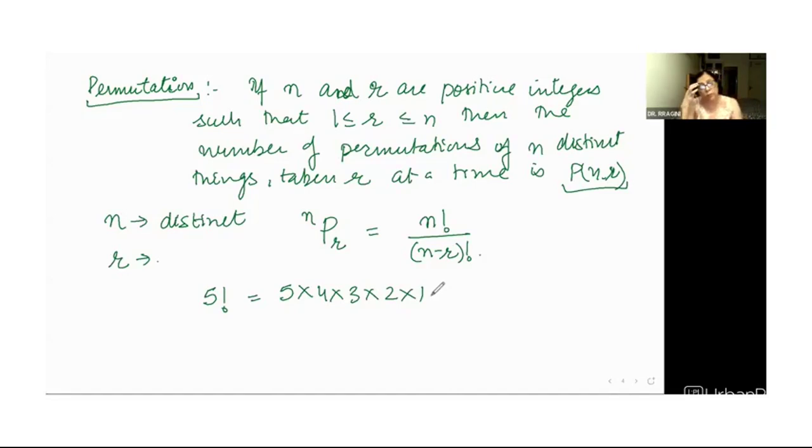So 5 into 4 into 3 into 2 into 1. 20, 3s are 6, 62s are 120. So 5 factorial is 120. 3 factorial is 3 times 2 times 1. That is 6. So factorial is this, and one important thing, 0 factorial is always 1.